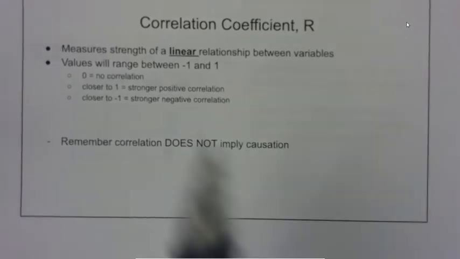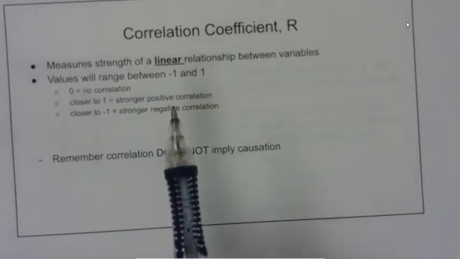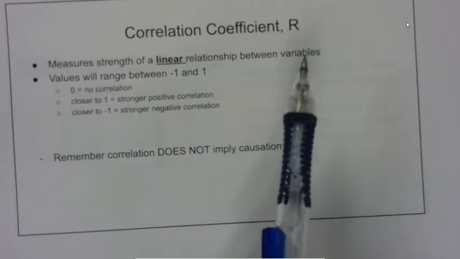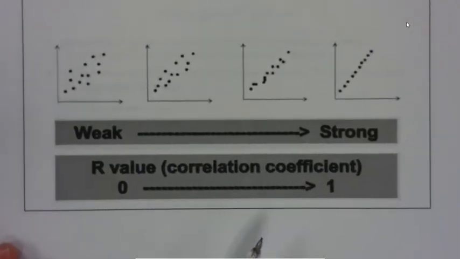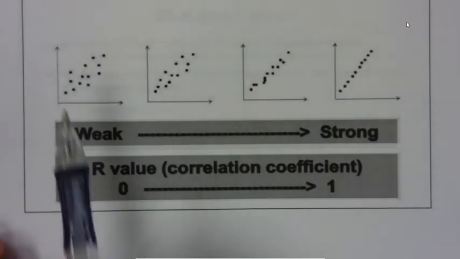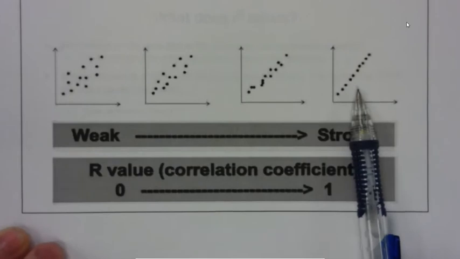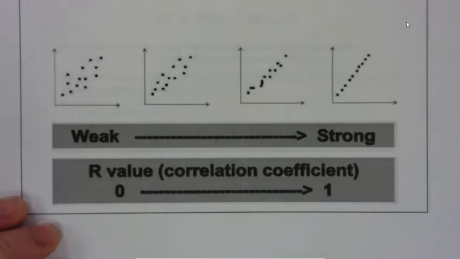So if we're looking at a linear relationship, I'm looking at the correlation coefficient of R. So these should look similar to what we looked at yesterday. Weak, they're very spread out. Strong, they're very close to being in a line. And again, I'm looking at that R value only if it's linear.